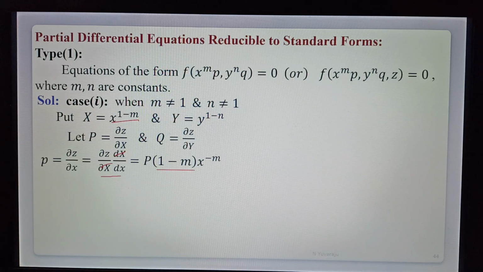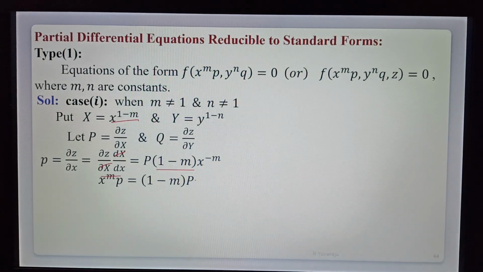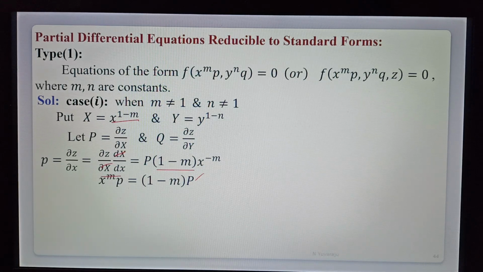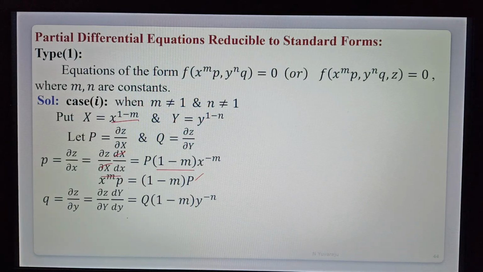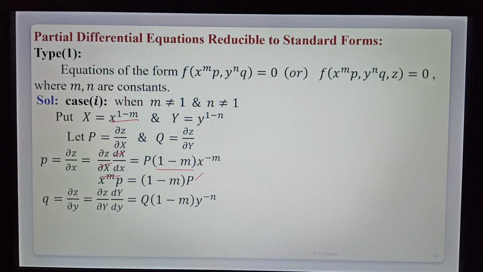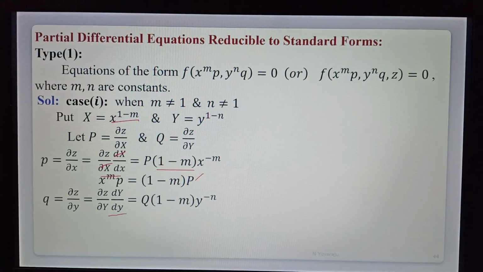So this is small p. Writing x power minus m outside, x power m into small p is equal to 1 minus m into capital P. Similarly, we find small q. Small q is equal to dou z by dou y, which is dou z by dou capital Y into d capital Y by d small y.